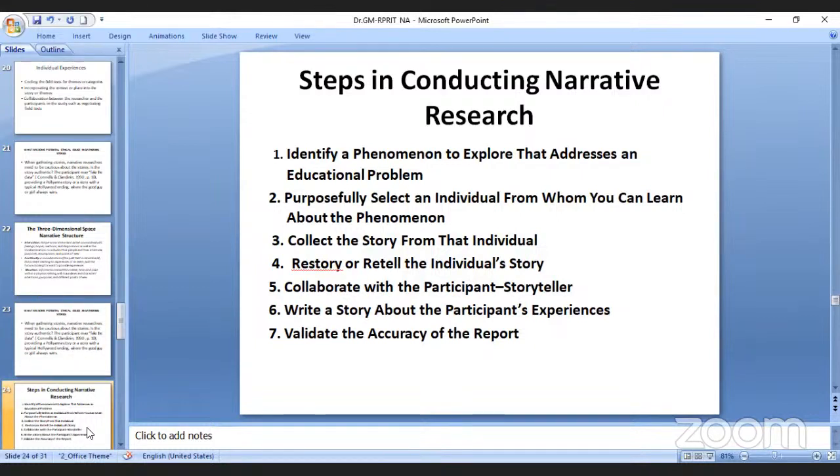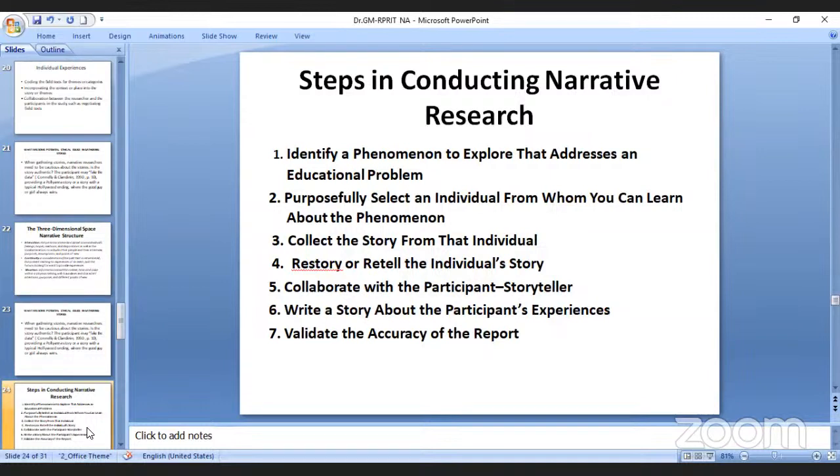Then purposefully select an individual from whom you can learn about the phenomenon. Select the individual student purposefully, from whom you can learn about the phenomenon. So with him you can learn about the phenomenon. So collect the story from that individual.